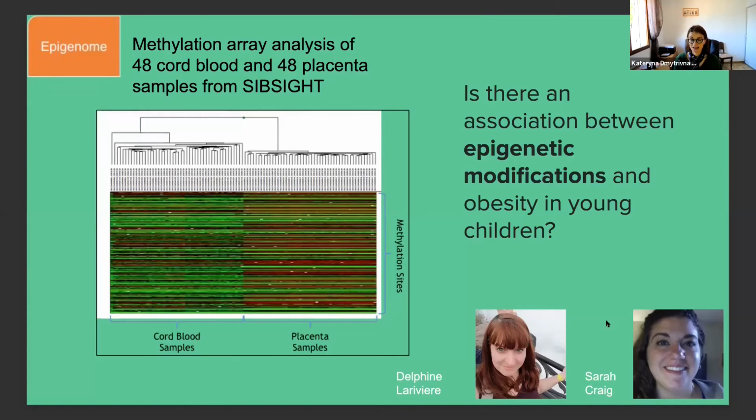And this is a study that is being led by Sarah Craig and Delphine Lariviere. By the way, Delphine did her PhD at the University of Montpellier. But I don't have any answers yet. I suspect that the answer will be yes, but I don't want to jump ahead of myself.